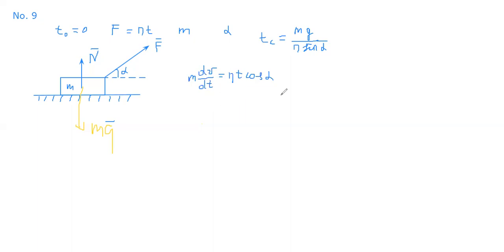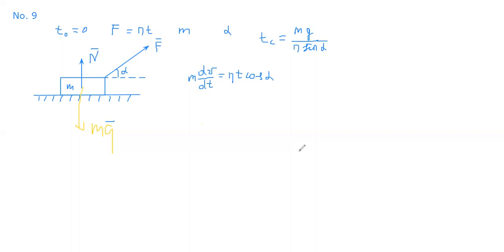Okay, how to solve this ordinary differential equation? It is a simple case. It is a differential equation with separable variables. What does it mean? It means that variables may be separated.